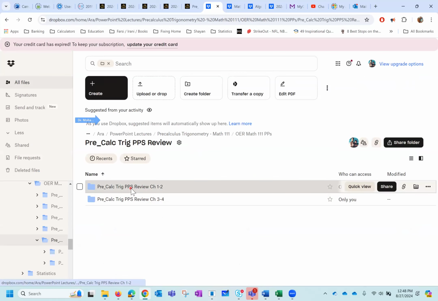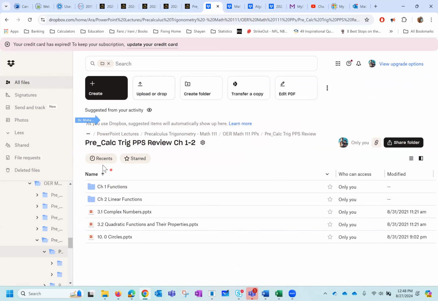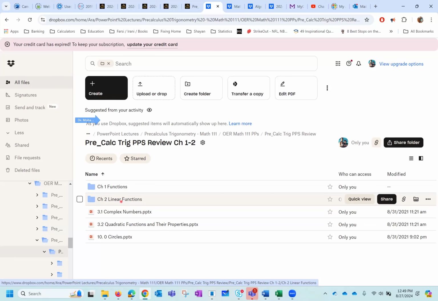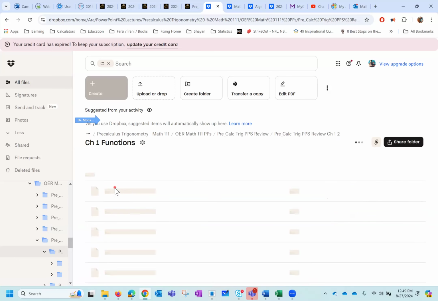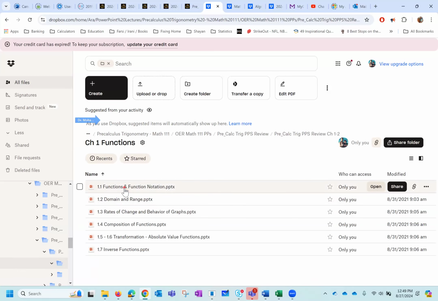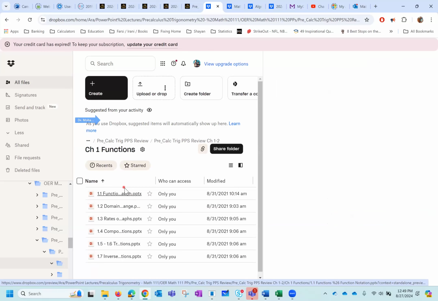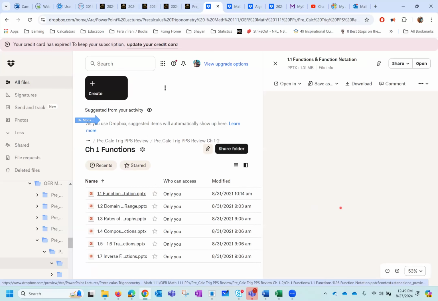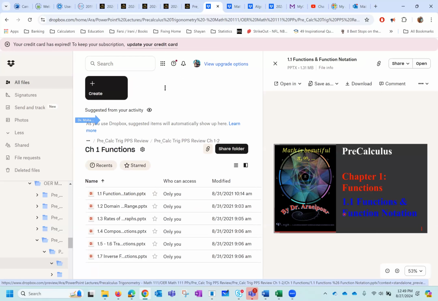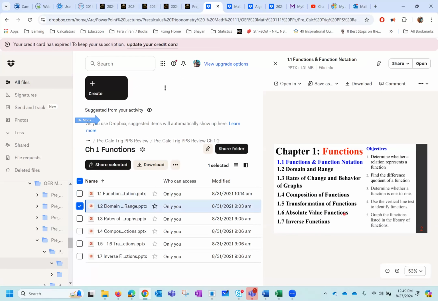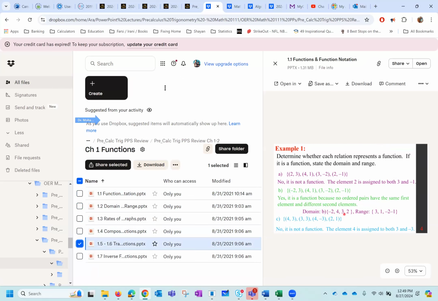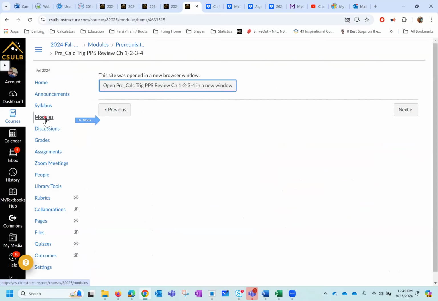If you click on that, for example, it gives you chapter 1, chapter 2, and the rest of it. For example, this one, you can bring up the section. And if you download it, you put it in slide mode. It has everything you need to get ready for the course.